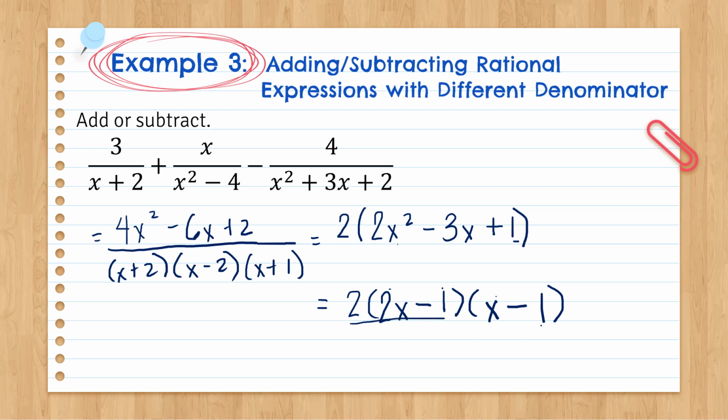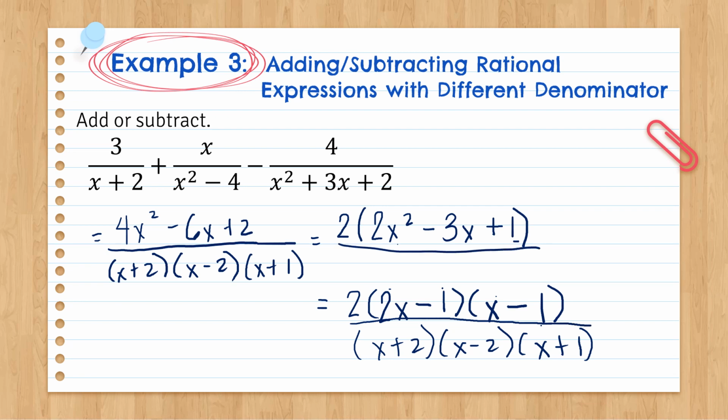Now, we write the LCD here, which is the quantity x plus 2 times the quantity x minus 2 times the quantity x plus 1. Ganun din syempre yung nasa taas. Skip lang natin kanina, pero yun din naman ang ating LCD. Hindi na nabago ang ating LCD kasi wala namang nabagong fraction. Ngayon, we can factor out kung alin ang common sa ating numerator at denominator.